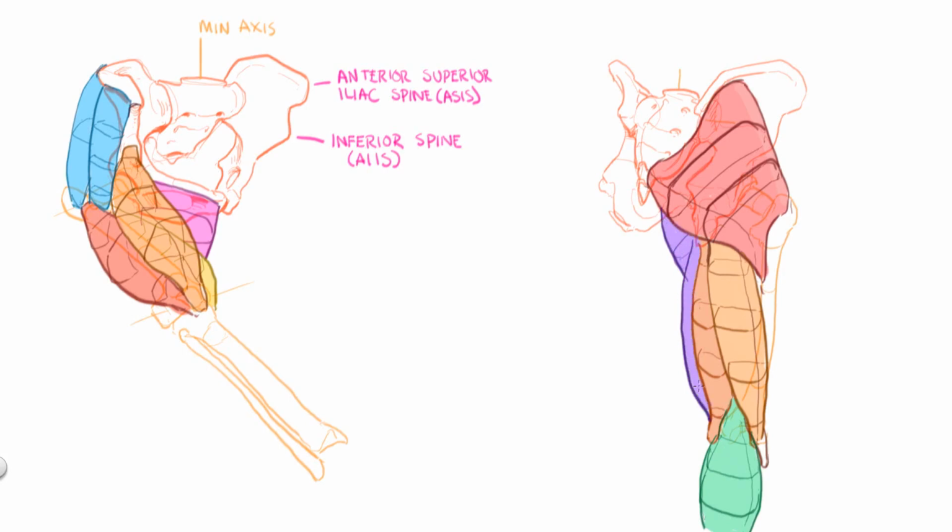Those help bring the leg down towards the center line. And here is gluteus medius once again, and tensor fascia lata. And from this angle, we'd also see vastus lateralis of the quadriceps.